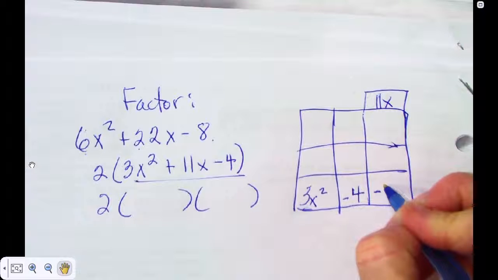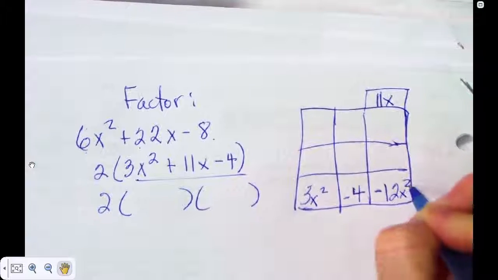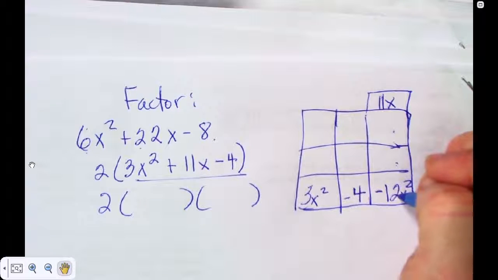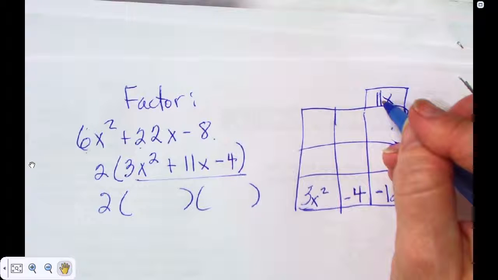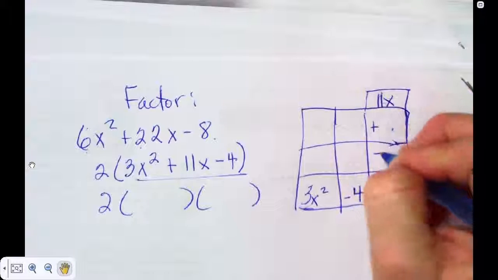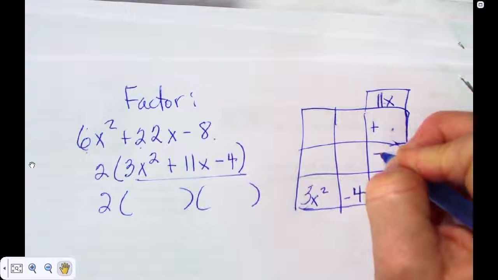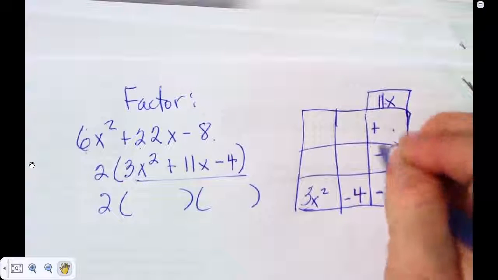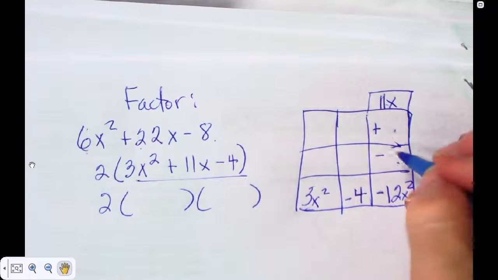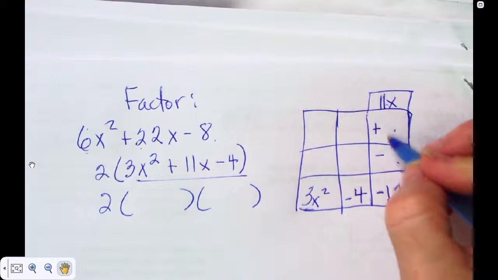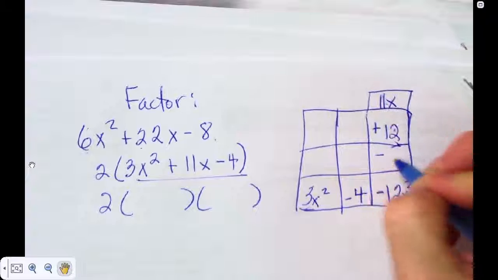X squared. Okay. So we got to figure what times what gives us negative 12, but we're going to get 11. So one's got to be positive, one's got to be negative to multiply to get a negative. Two negatives make a positive, so we can't do that. So, pretty easy. Difference, what? 12 and 1, huh? So, which is going to be positive? 12.